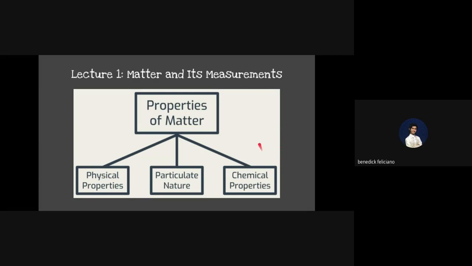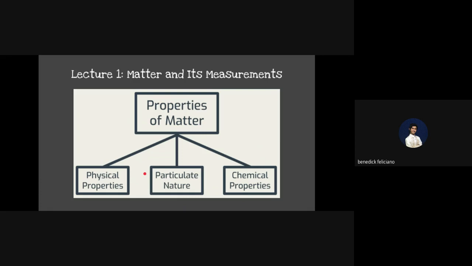There are also subdivisions of physical and chemical properties, namely either intrinsic or extrinsic, intensive or extensive. They are both the same: intrinsic, intensive, extrinsic, extensive.